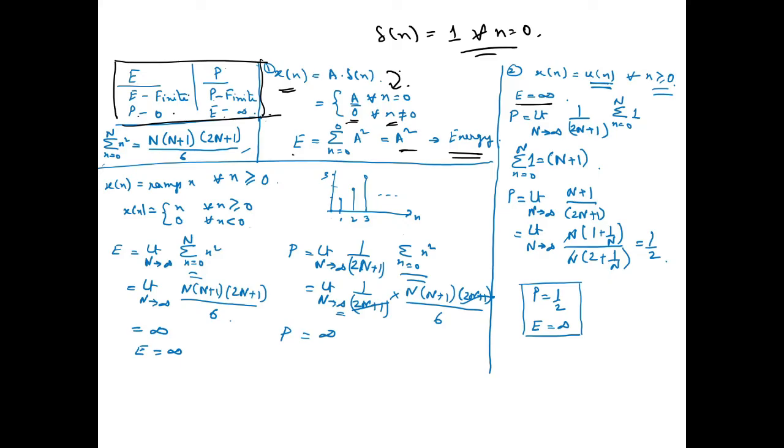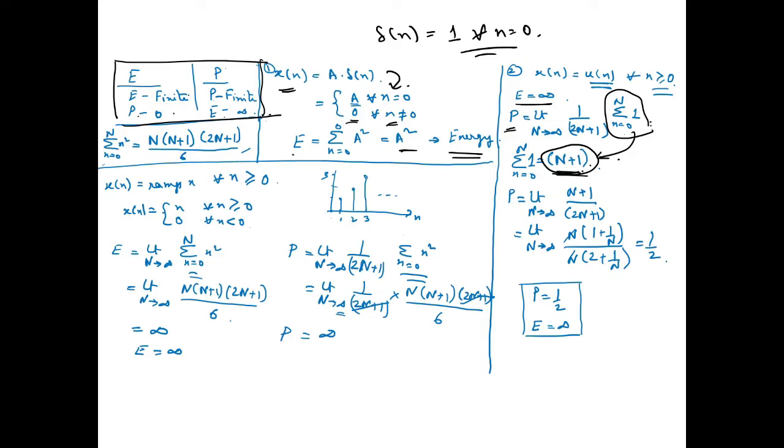So we have to calculate the power: limit N tending to infinity, 1 by 2N plus 1, summation of n equals 0 to N of 1. If you look into the series, the summation of n equals 0 to N of 1 equals N plus 1. So this is the solution for this part.